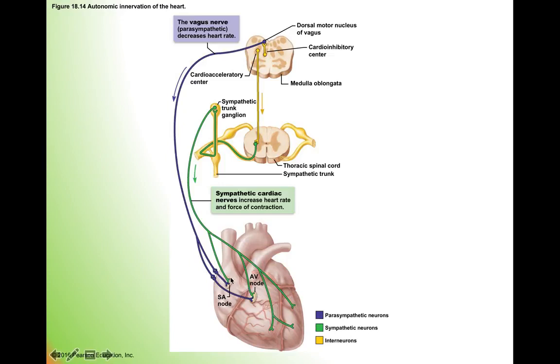But the most important target would be the SA node and AV node, causing the heart to increase the number of electrical impulses. The one that you see in blue represents your vagus nerve, which is part of the parasympathetic nervous system, and it causes a decrease in heart rate, again by targeting your SA node and the AV node.